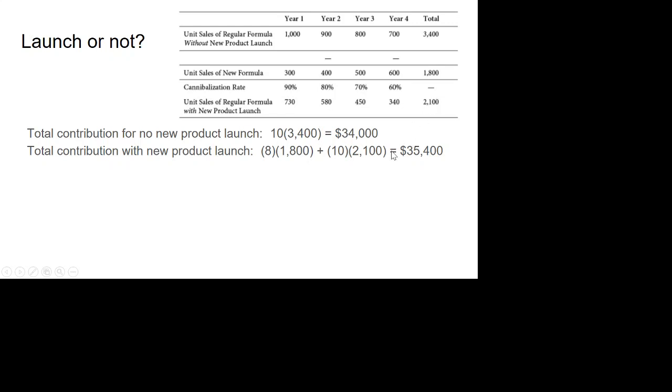That'll give you a total contribution after cannibalization of 35,400. So you're going to make an additional amount of money, additional 4.12%. Worth it? You have to kind of decide. It may be a lot of work to make an additional 4%, so it may not be worth it at all. You have to kind of think about that. The other alternative would be, well, let's just end our focus trying to grow the original brand. We make more per unit of that anyway, so there is that to kind of think about.